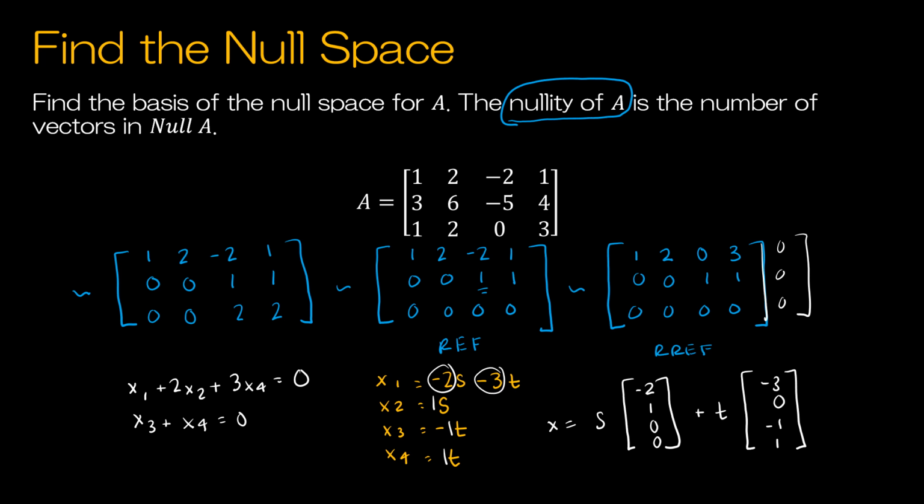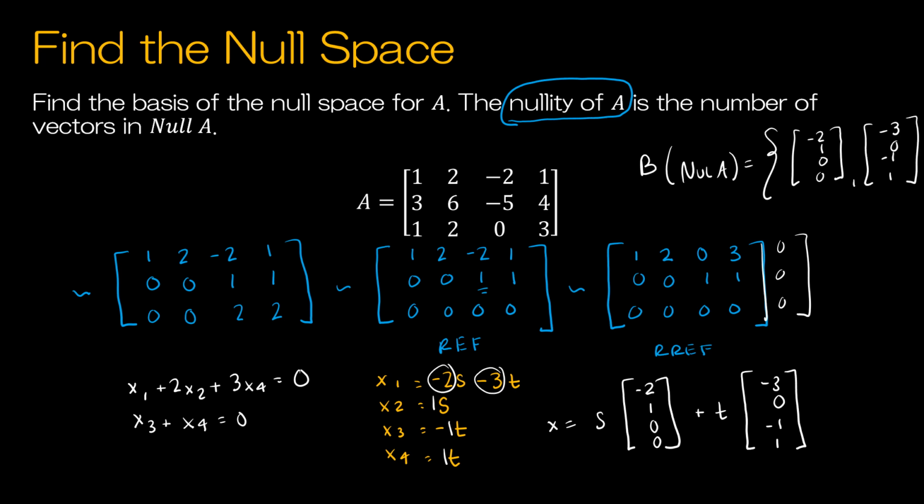So the basis for the null space of A are those two vectors: negative 2, 1, 0, 0, and negative 3, 0, negative 1, 1. And the nullity is 2 because I have 2 vectors.